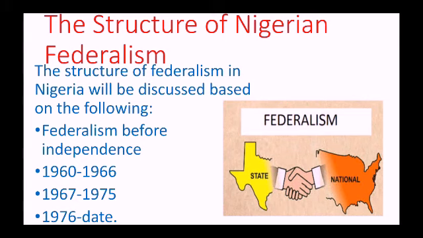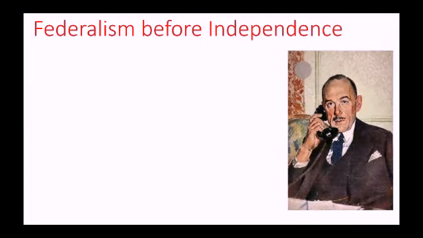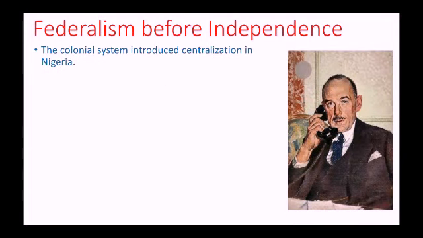Let's take it one after the other. Federalism before independence. What were the things that transpired before Nigeria became an independent state? Federalism before independence started with colonial rule.